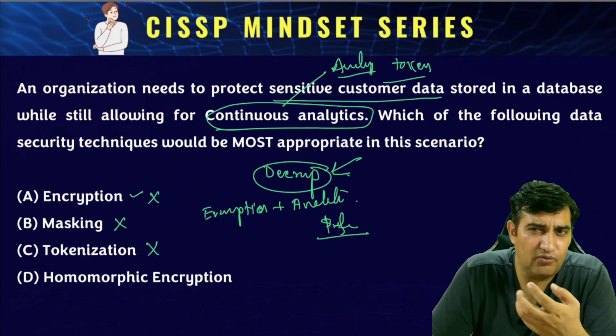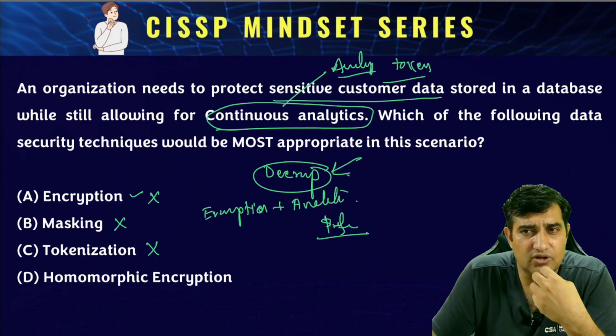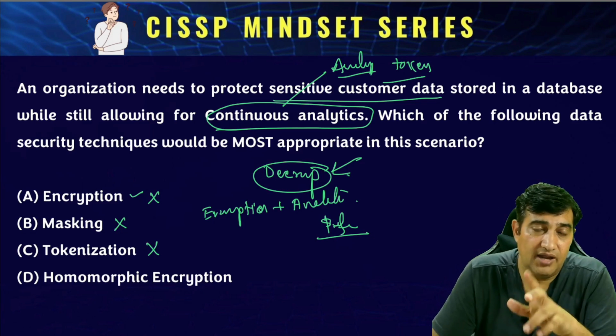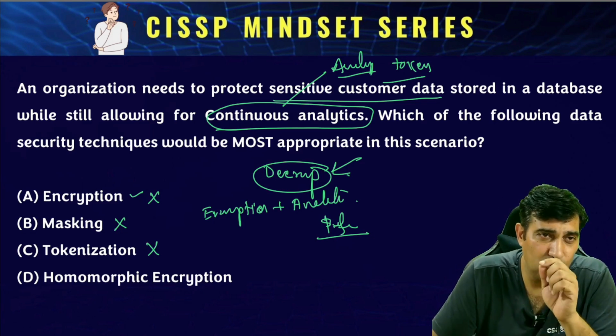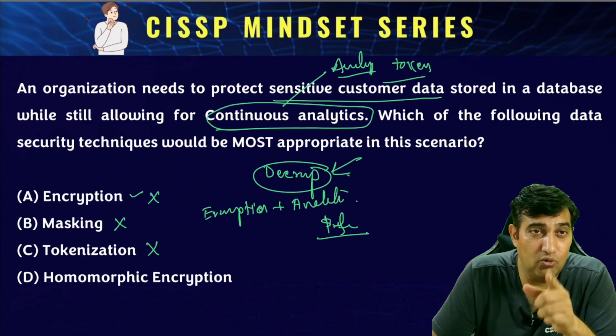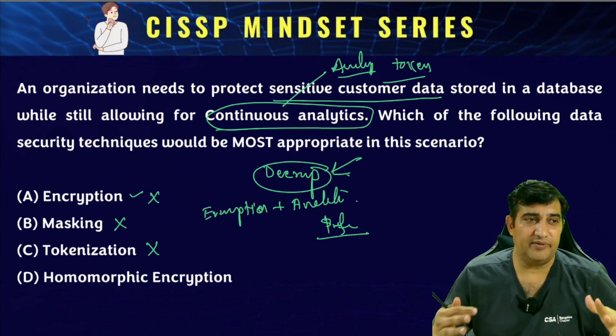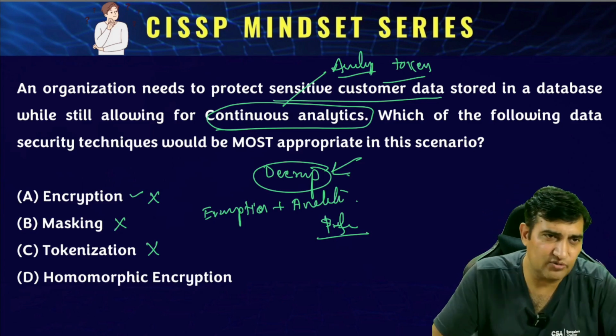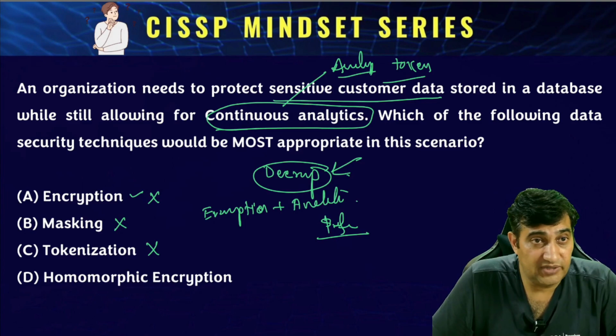It's a kind of encryption which allows computation to be performed directly on the encrypted data. And I think in my classes on domain number 2, I also told you Google also has it. Google also implemented something, some word they are using, a catchy word they are using. So that's the thing. It's a knowledge-based question, guys.